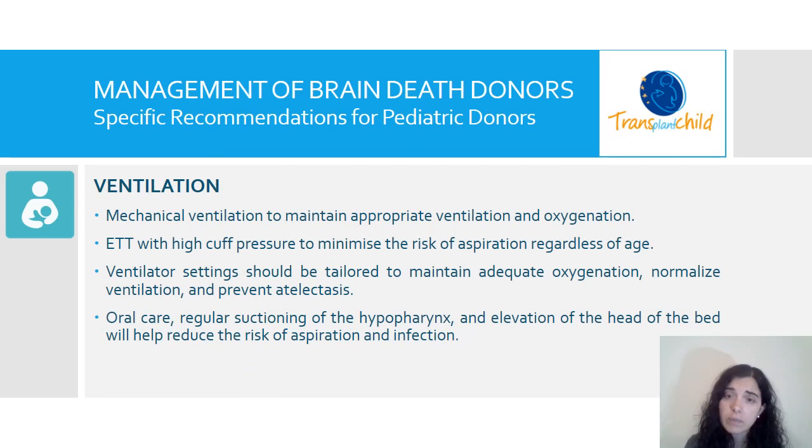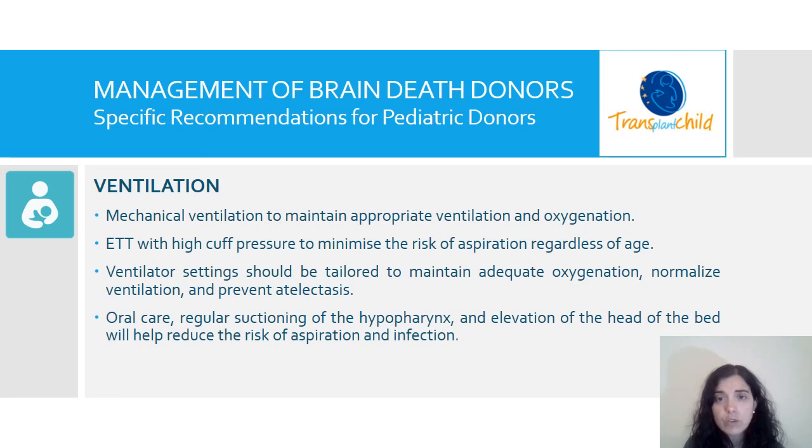Finally, but not least, the recommendations about ventilation. All potential organ donors will require mechanical ventilation to maintain appropriate ventilation and oxygenation. A cuffed endotracheal tube should be used to minimize the risk of aspiration in children, regardless of age.